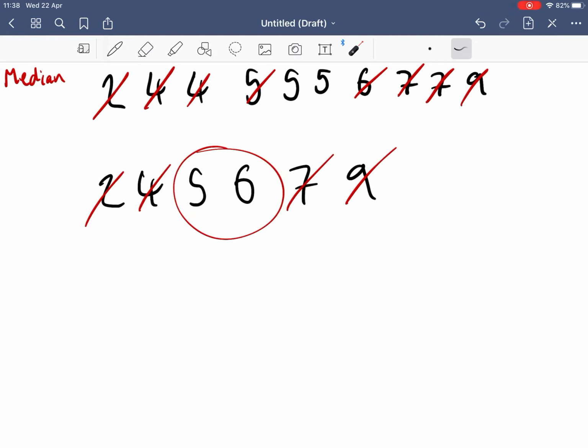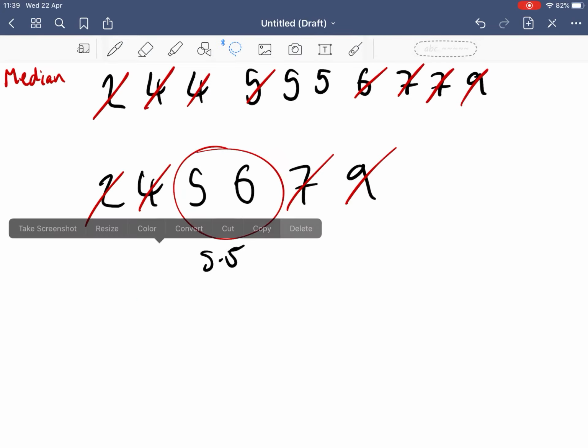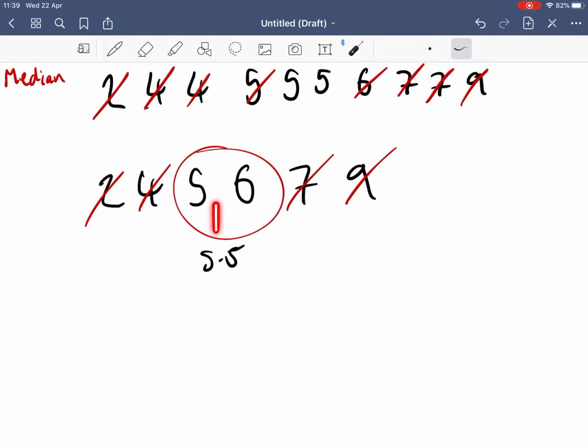Best thing to do really is add them both together and divide them by 2, or halve them. So 5 plus 6 we know is 11. Now what we need to do is work out what is half of 11. Well, we know half of 10 is 5, and half of 1 is 0.5. So the median for this one will be 5.5, because that is directly in the middle of 5 and 6.